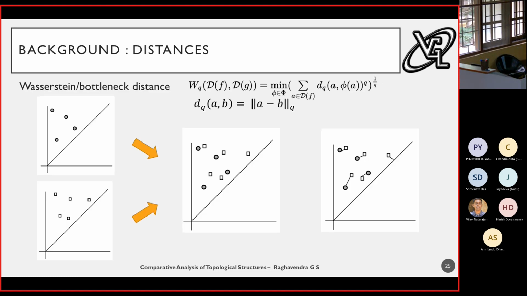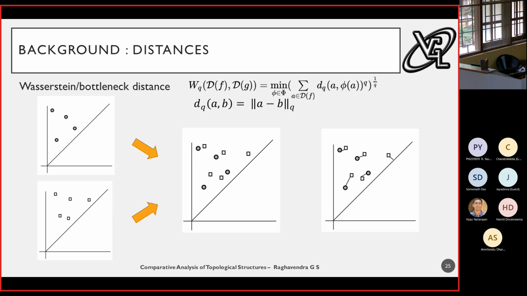Generally, bottleneck and Wasserstein distances are computed for distributions and point sets. In the case of the persistence diagram, these points along with the diagonal are considered. So the diagonal is also important in the persistence diagram, and so this is a multi-set rather than just a set.